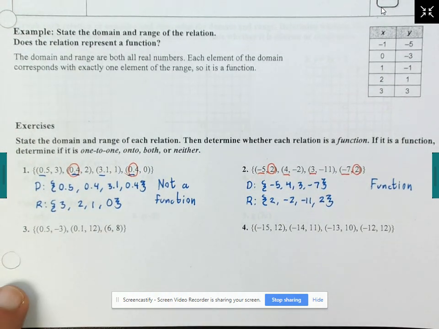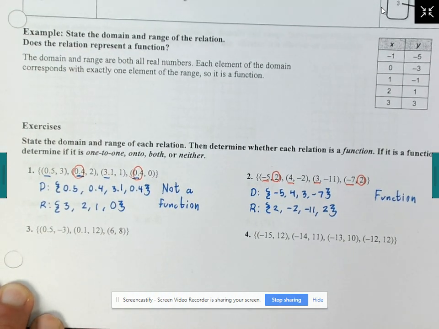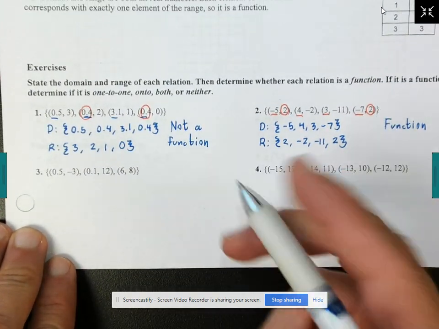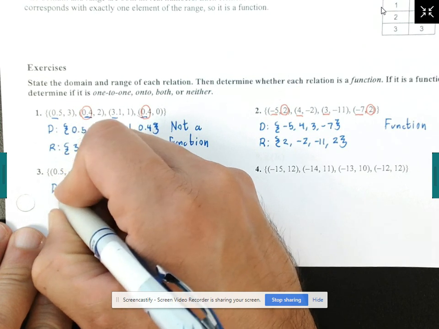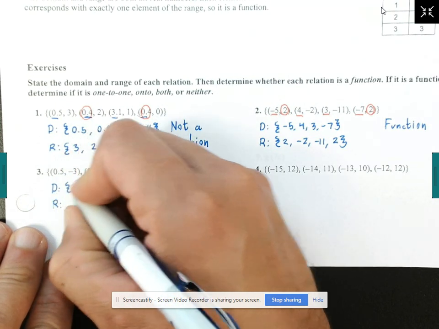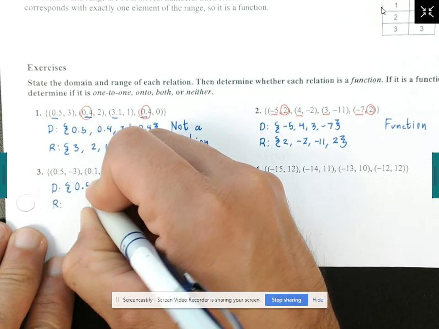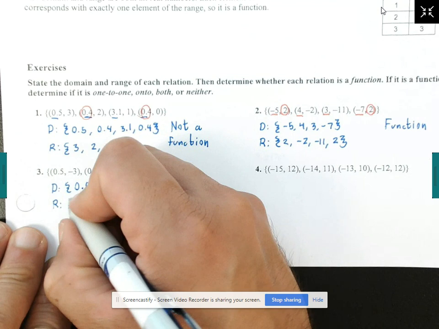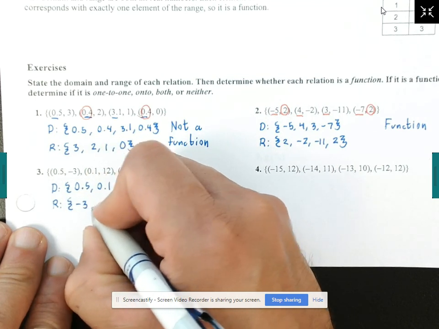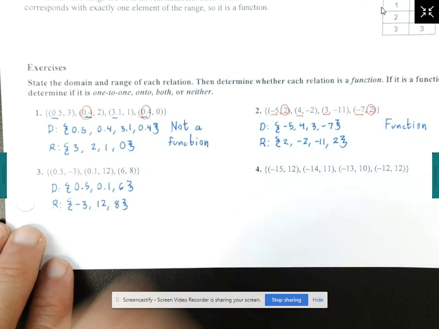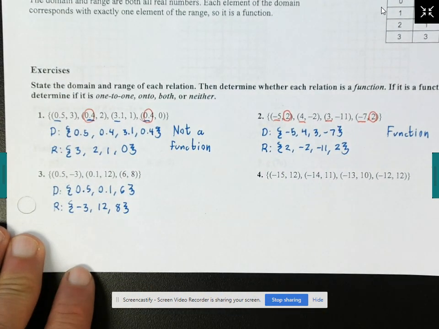All right, so moving on to the next one, number 3. Same thing. We're going to start off by writing the domain and range in the same exact manner I told you earlier. We're going to list all the x values, and then we're going to list all the y values. Now notice that this is going to be a function because none of the x's are repeating.